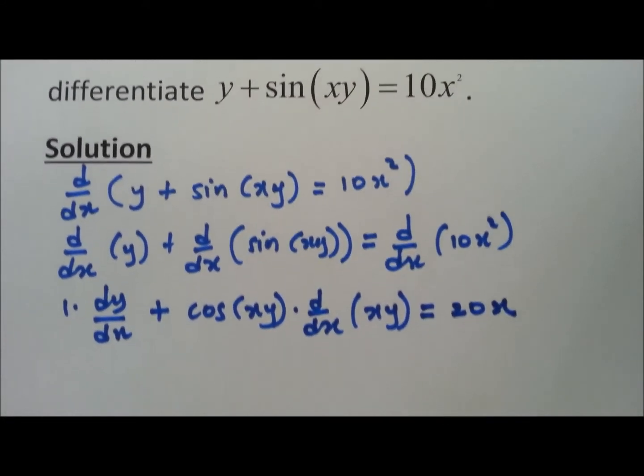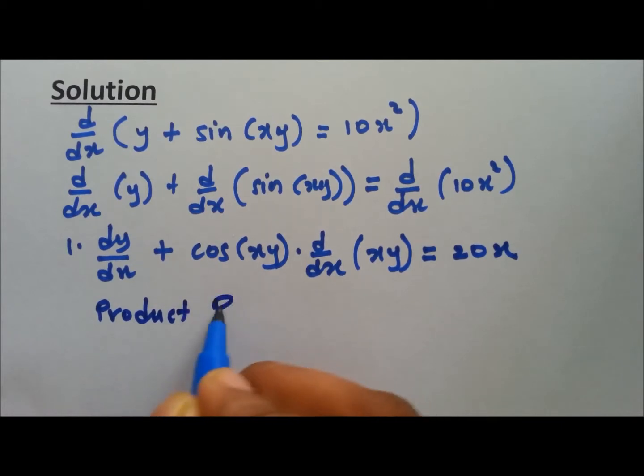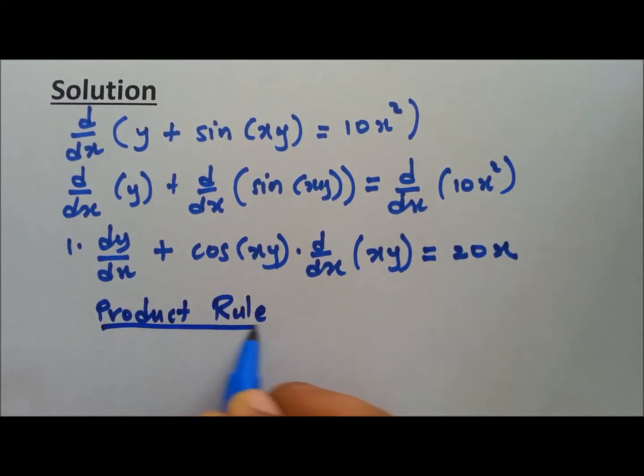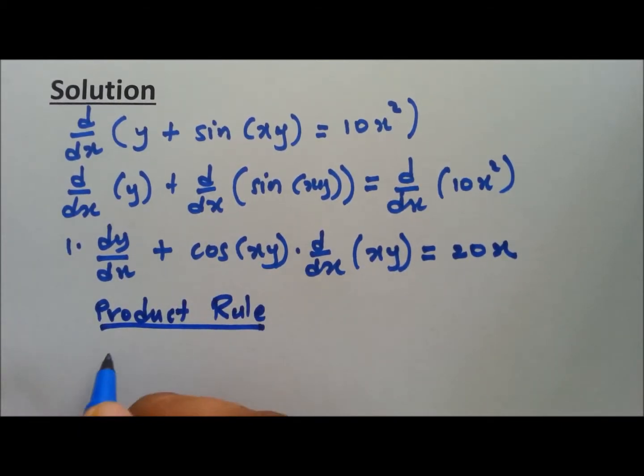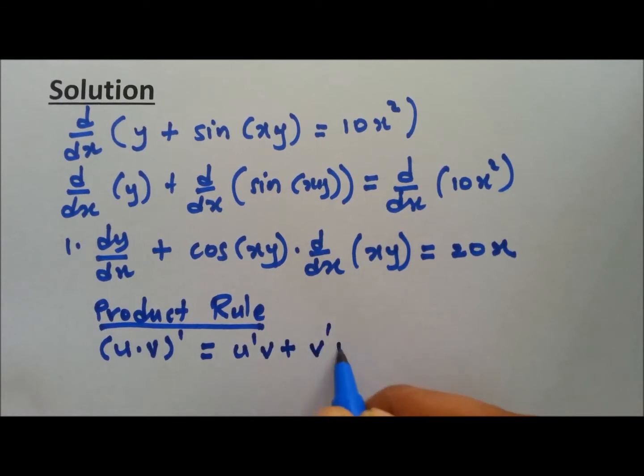To differentiate x times y, we will be utilizing the product rule. So the question is, what is the product rule? In case you have forgotten, let's say there are two functions u and v, and we need to differentiate that. So to differentiate u times v, the formula is u prime v plus v prime u.